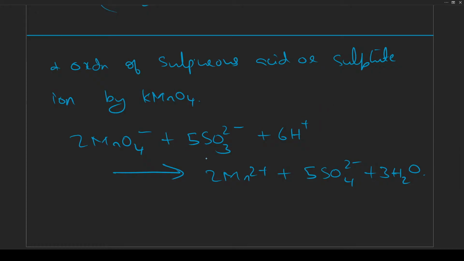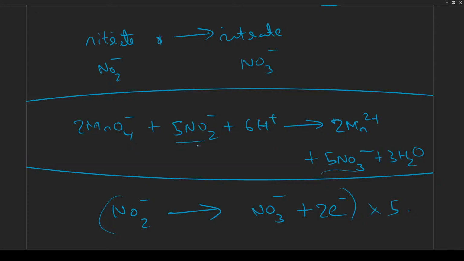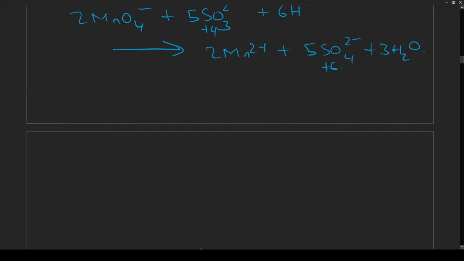Here it is oxidation because the oxidation state of sulfur in SO3 2 minus is X minus 6 equals minus 2, so it is plus 4, and here it is plus 6, so it is getting oxidized. In the previous reaction, the oxidation state of nitrogen is plus 3, getting oxidized to plus 5, losing 2 electrons.